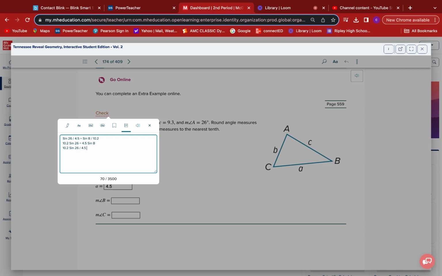And it's going to equal sine of B. And we have to do inverse. Inverse sine of all of this nasty stuff right here. So on top, remember, was the 10.2 sine 26, and on the bottom was the 4.5.